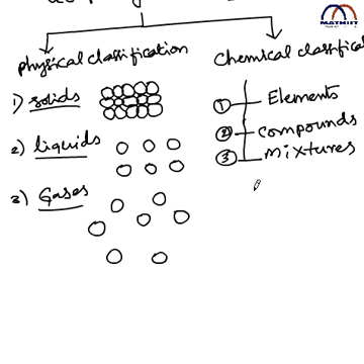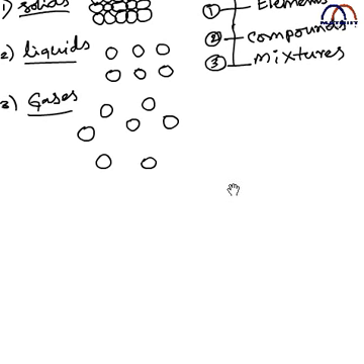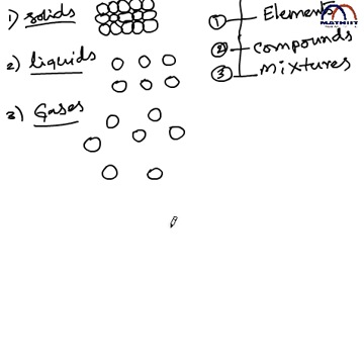These are mixtures. Now let us discuss one after another. The first one is the element. I will discuss in detail what these elements are and what their importance is.